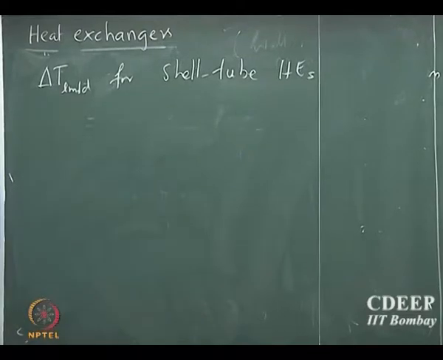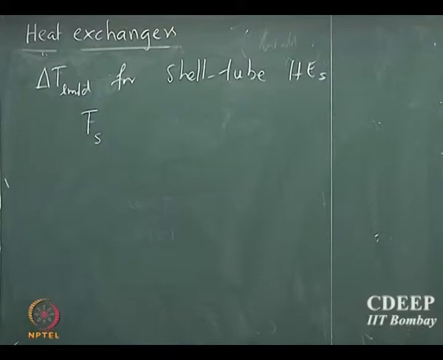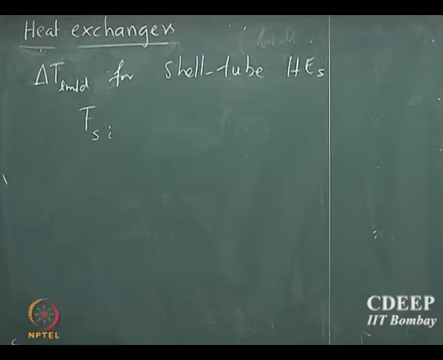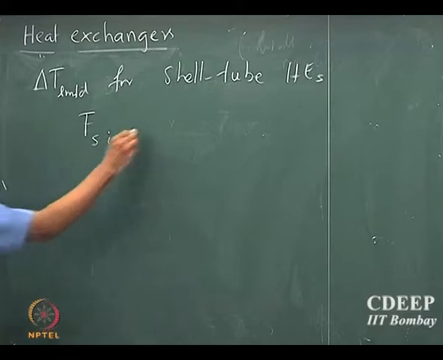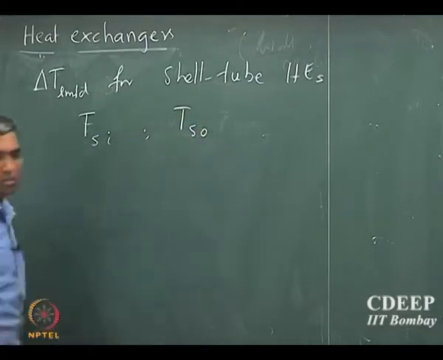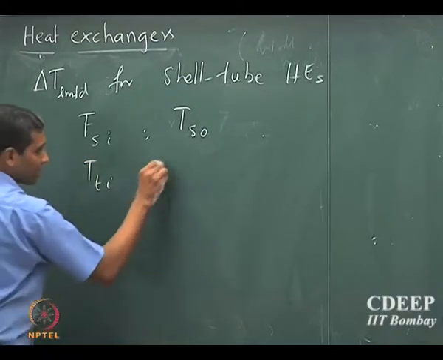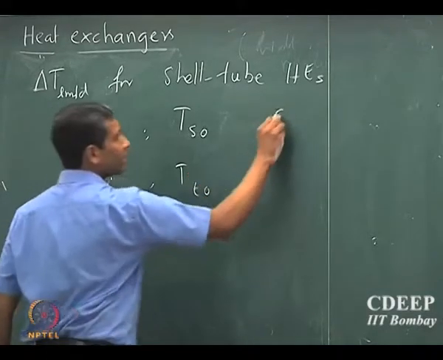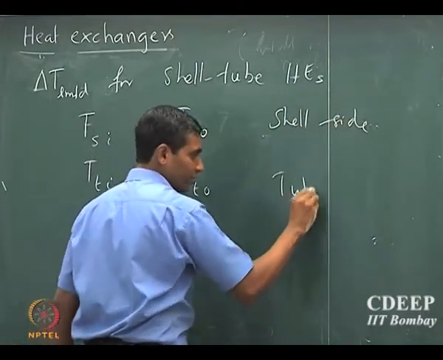Here the nomenclature I will use is: when I put S, it stands for temperature on the shell side, and TSI stands for the shell side temperature at the inlet to the shell, and TSO stands for the shell side temperature of the stream that is going out of the shell side, and similarly small ti and small to. So this stands for the shell side fluid, and this is for the tube side fluid.